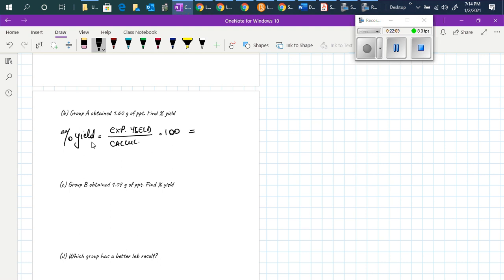So in this case we have 160 grams over 132 times 100 equals 121%, greater than 100, which means that it's not right. Something is wrong in the calculations.